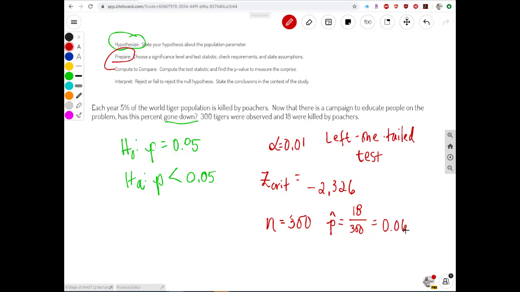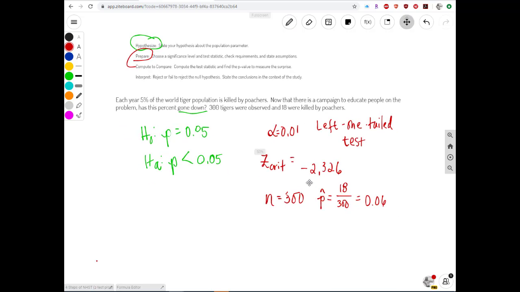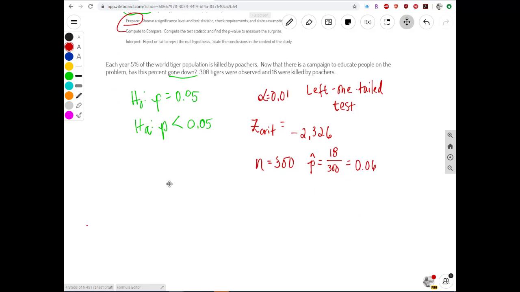Okay, so let's see where we're at right now by drawing my normal curve. So I'm going to go ahead and just draw it over here to save a little bit of space. Here is my normal curve. I'm going to go ahead and write my Z-scores right here.